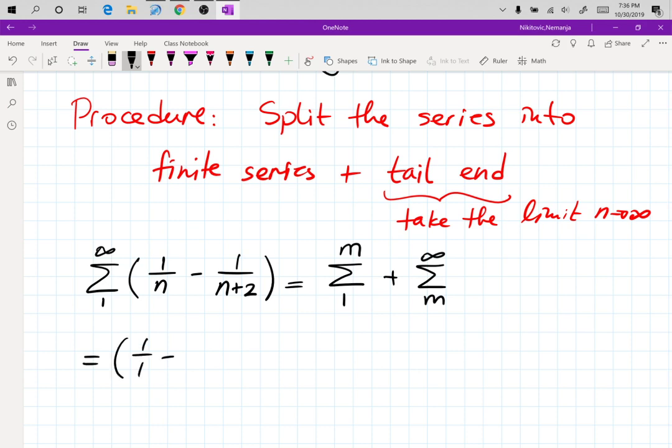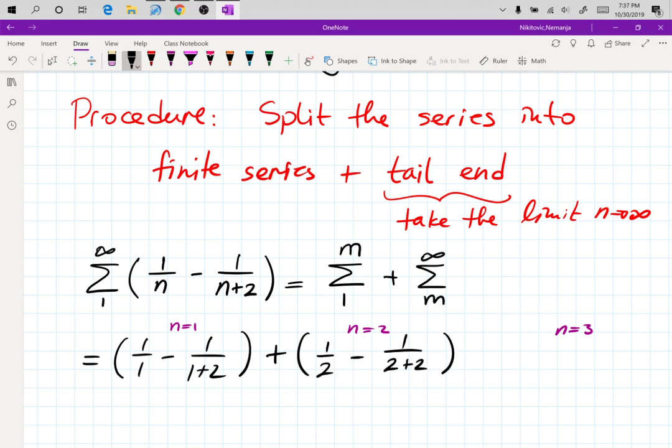So this is when my n is equal to 1. Plus, because it's a sum, next term is n is 2. So for this first one, n is 1. For the second one, n is 2. For the third one, n is 3. We'll go much more than that, obviously. So now I have, for n is equal to 2, 1/2 minus 1 over 2 plus 2. Plus, you can imagine it.